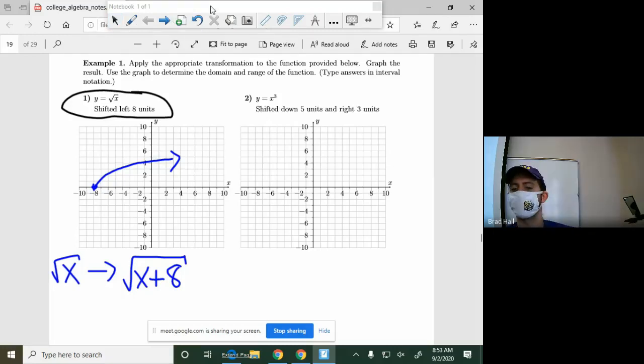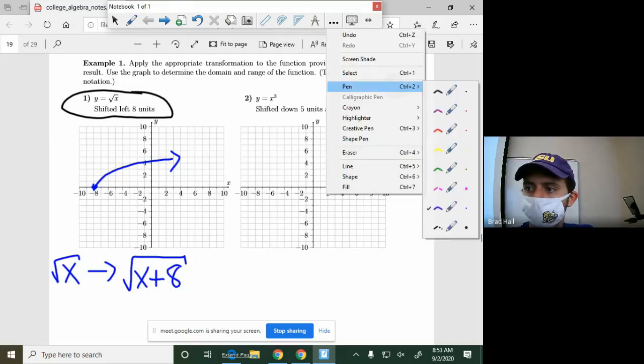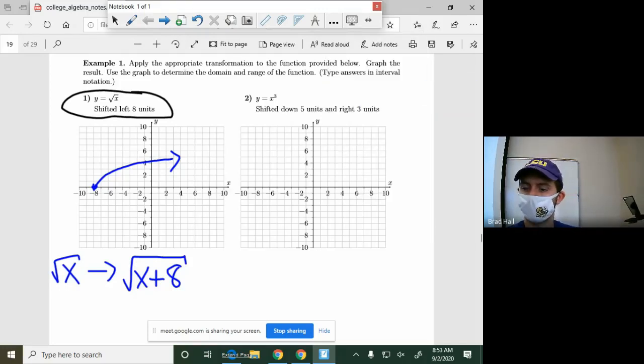The problem moves on to ask for the domain and the range as well. And we have the graph, so we can figure that out pretty quickly. The domain is left to right, and it deals with x values.